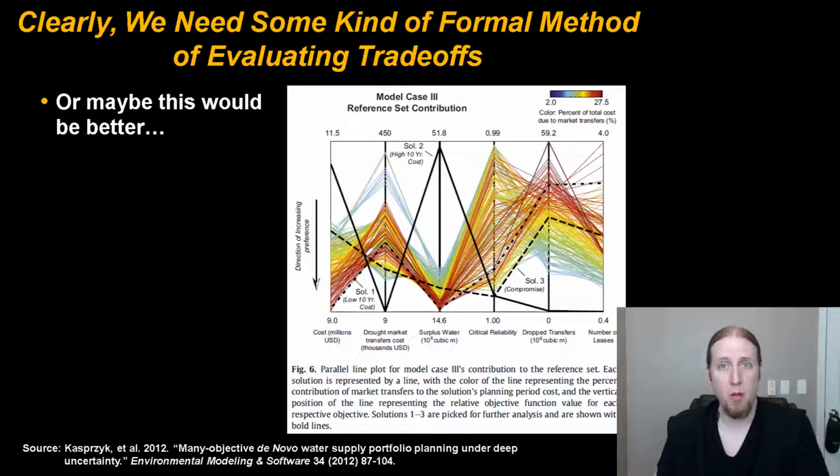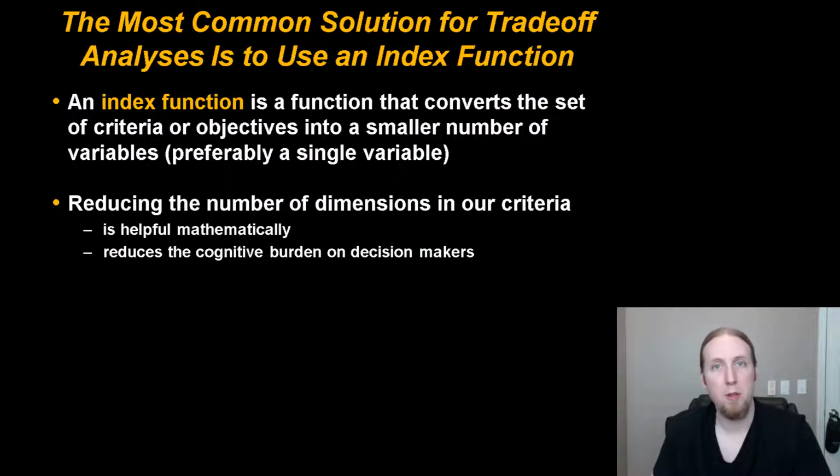So ideally, we want some way to reduce the dimensionality of the problem, even after we may have already done that somewhat with satisficing or dominance. The most common way that we do this is to use something called an index function.